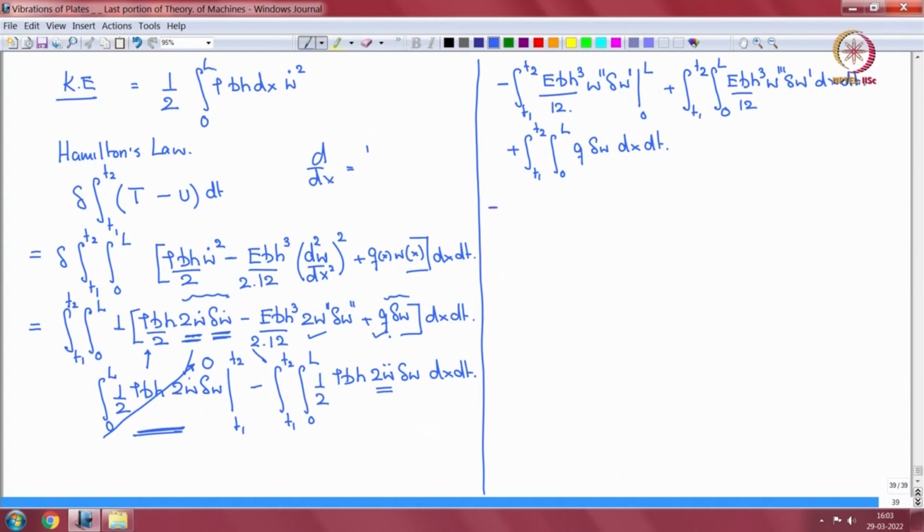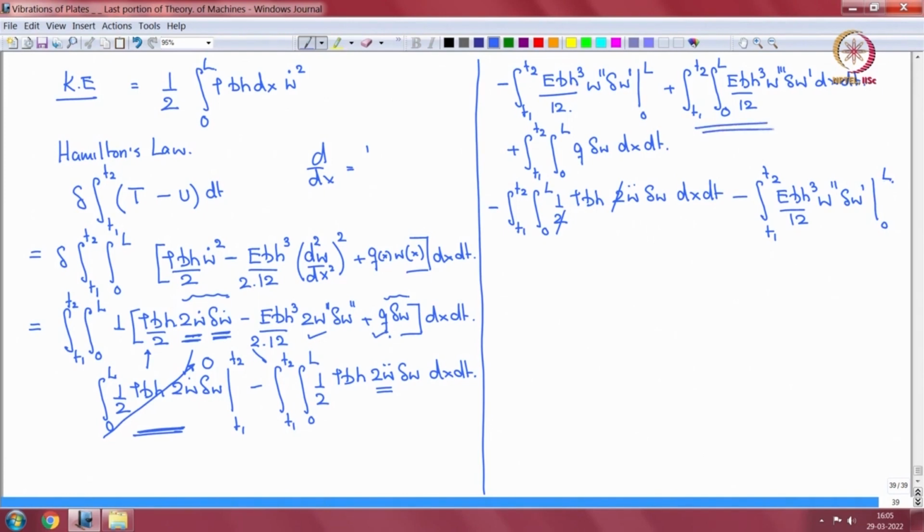Minus integral t1 to t2, integral 0 to L, 1/2 rho bh twice w double dot delta w dx dt, minus integral t1 to t2 ebh cube by 12 w double dash delta w dash from 0 through L.